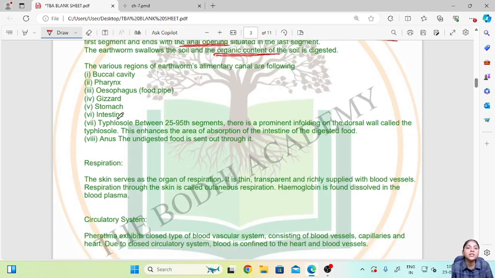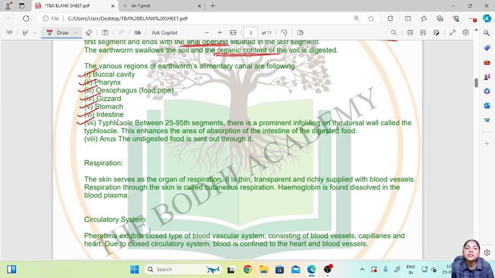Now the various regions or parts of an earthworm's alimentary canal are: first is the buccal cavity, then we have pharynx, esophagus, gizzard which helps them to grind the food, then there is stomach, intestine, then typhlosole which is present between the 25th to 95th segment, and it is a prominent infolding of the dorsal wall called a typhlosole.